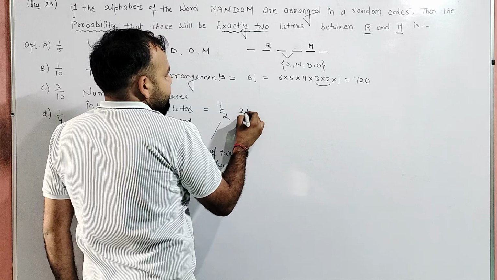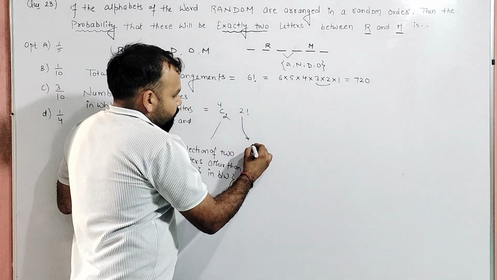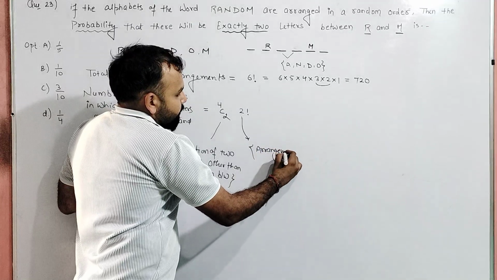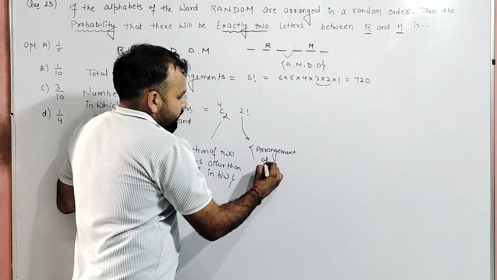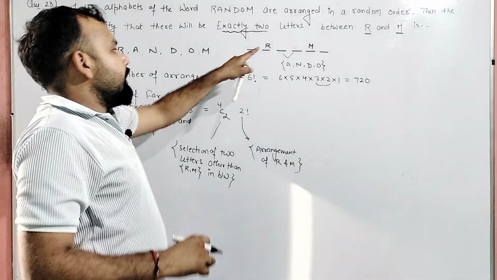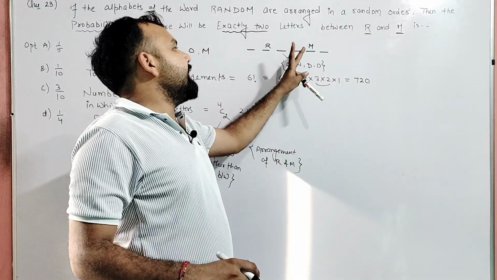You can see, students, these 2 factorial is for arrangement of R and M. If we fix R on this position and M on this position, then we can interchange this position also.